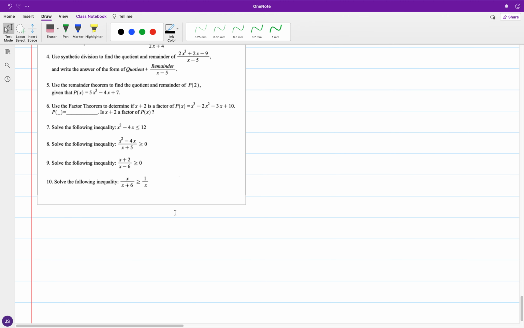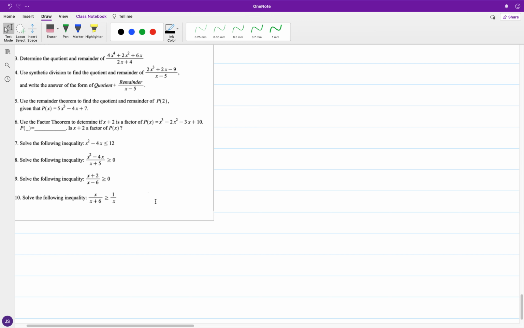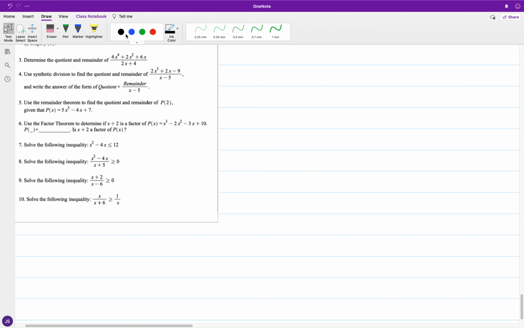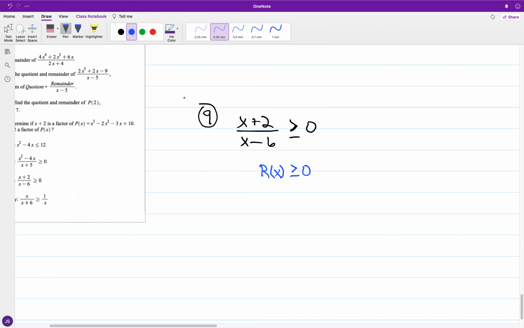In this one, you have just x plus 2 over x minus 6 is greater than or equal to 0. So this is already laid out in comparison to 0 terms, and it's going to be in the format where r of x is greater than or equal to 0. Going ahead and identifying the components.